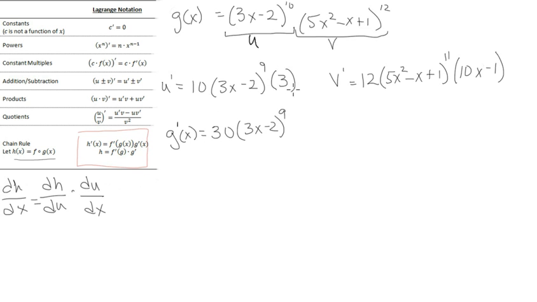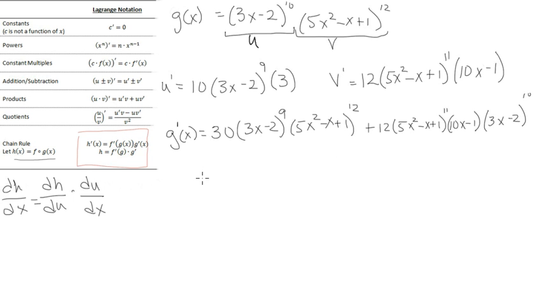So that was the derivative of u, times v, which is 5x squared minus x plus 1 to the 12th, plus the derivative of v, 12 times 5x squared minus x plus 1 to the 11th, 10x minus 1, times u, unchanged, 3x minus 2 to the 10th.